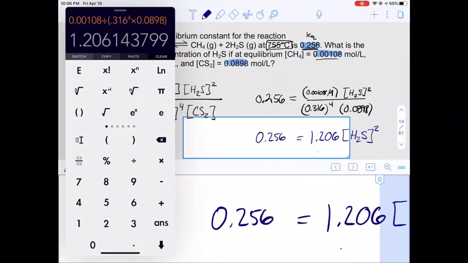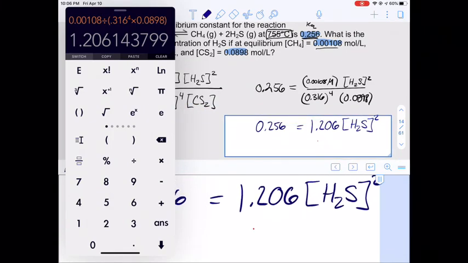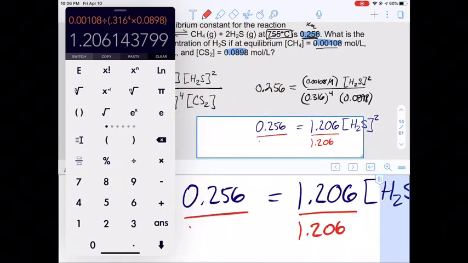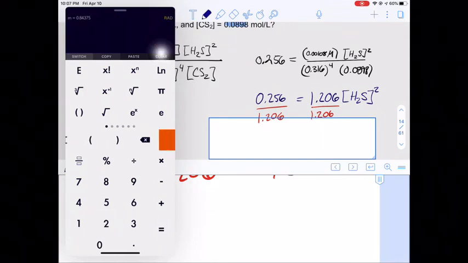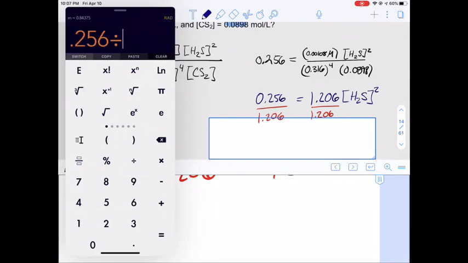0.256. Now that there's only one number, I can move that number over to the other side by division and see what that leaves me with. So I'm going to go to 0.256 divided by 1.206.